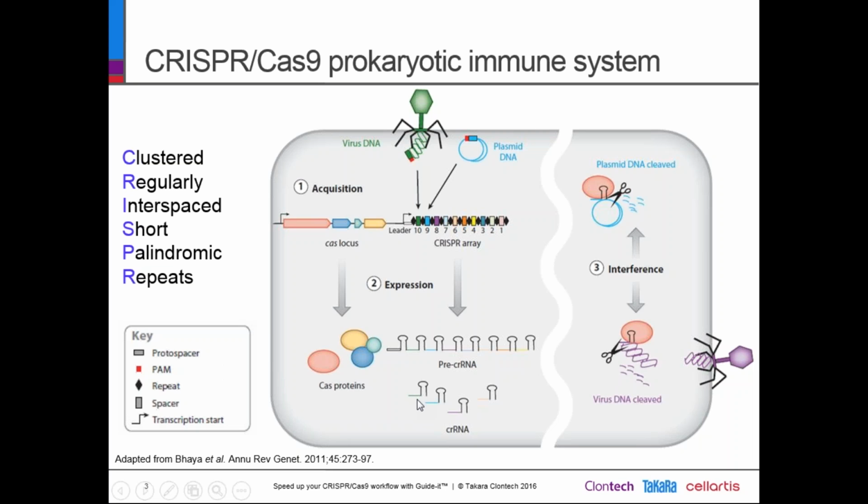And it has then been shown that the system is a very elegant system of adaptive immunity in bacteria, because if a phage, for example, infects the bacterium a second time, then this little CRISPR RNA will guide the Cas endonuclease protein to this foreign DNA thanks to this sequence homology. And the Cas protein will then cleave and destroy the foreign DNA.